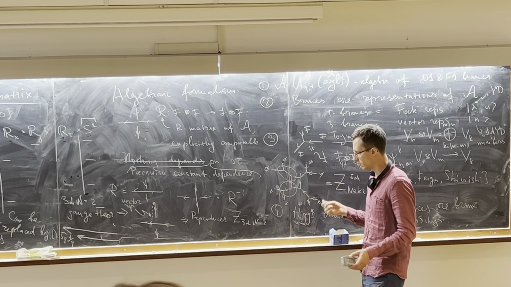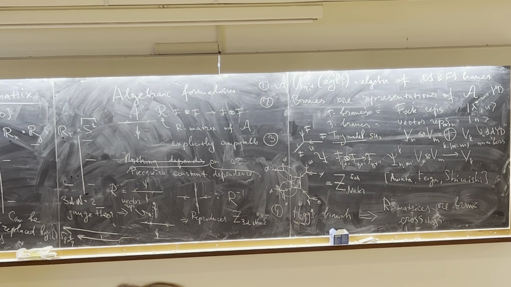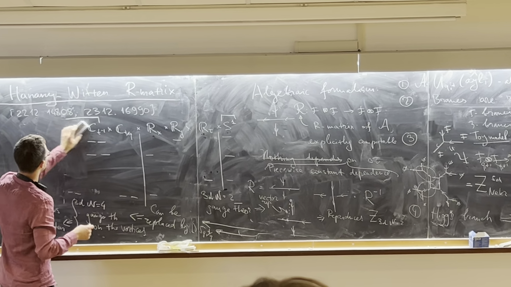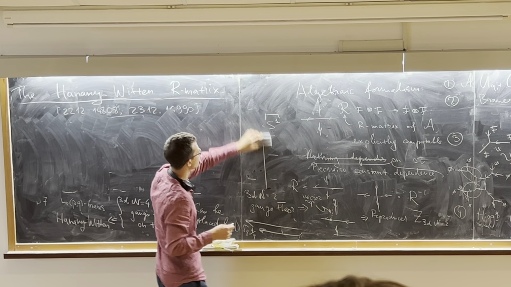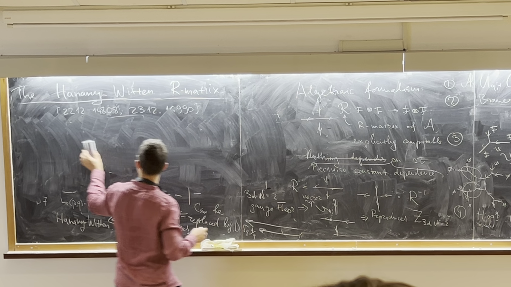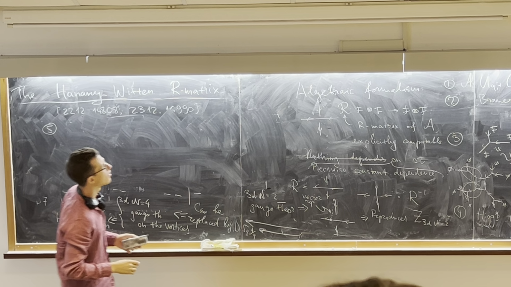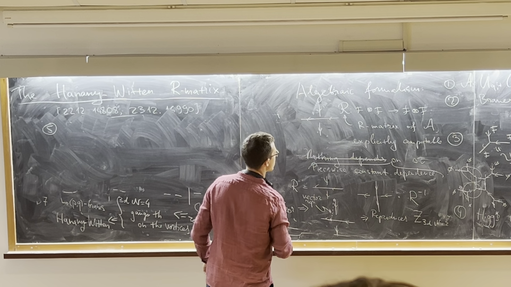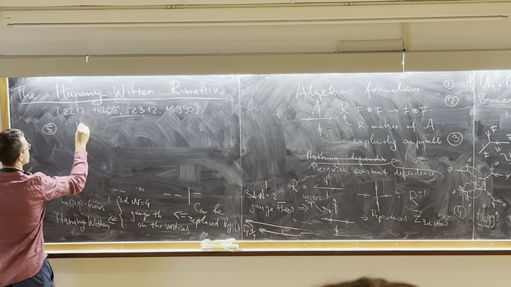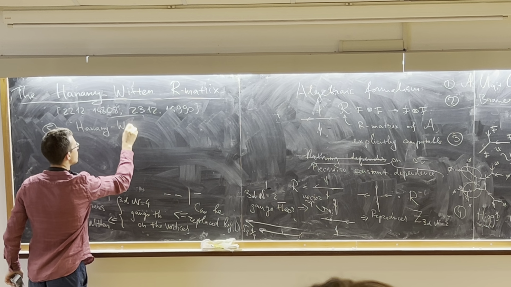You have to find them from scratch. And it turns out that one can really do it. So there are brane crossings for branes of different type. So the last piece, I call Hanany-Witten R matrices.